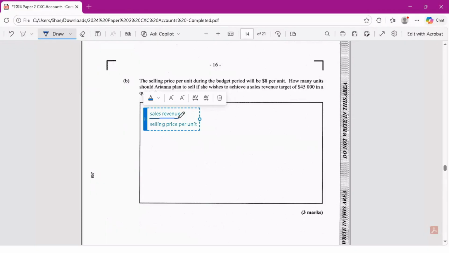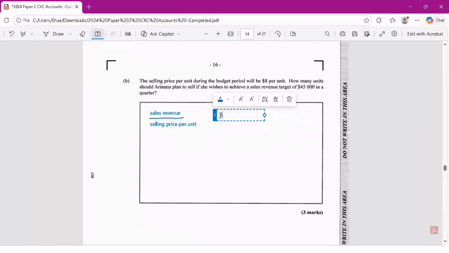Alright, good. So our sales revenue is 45,000 and our budgeted selling price is $8.